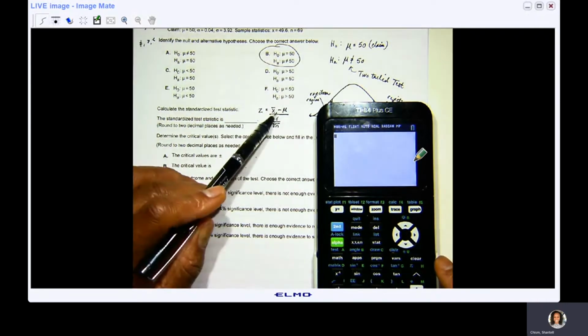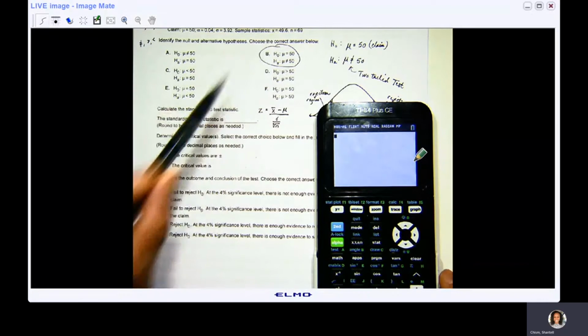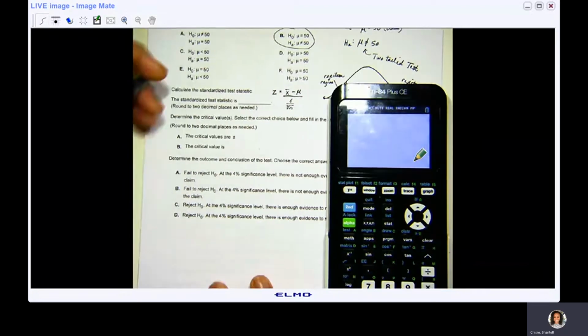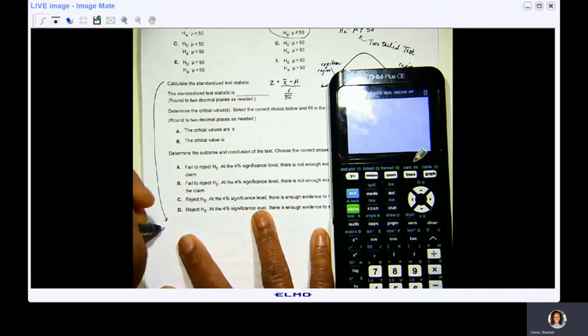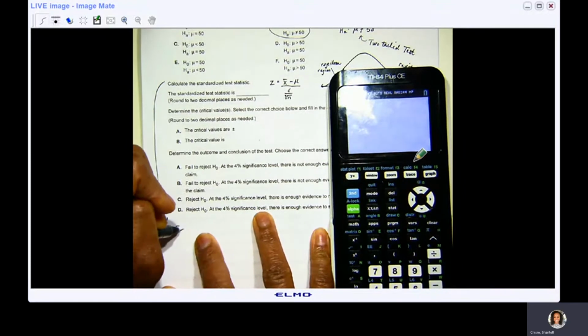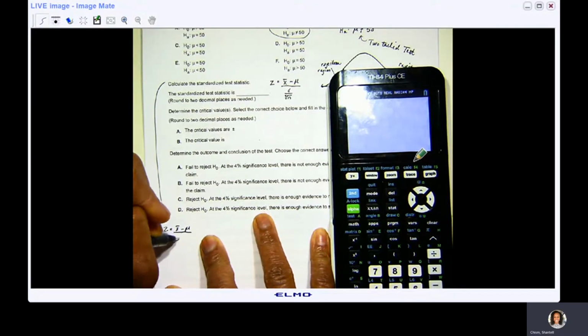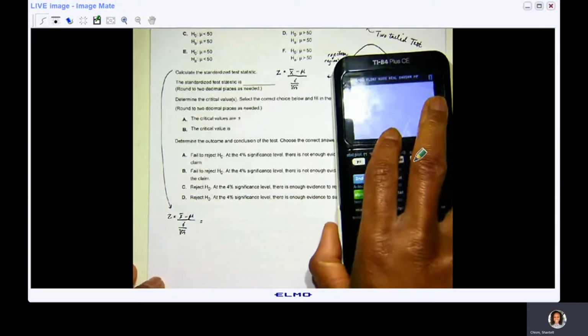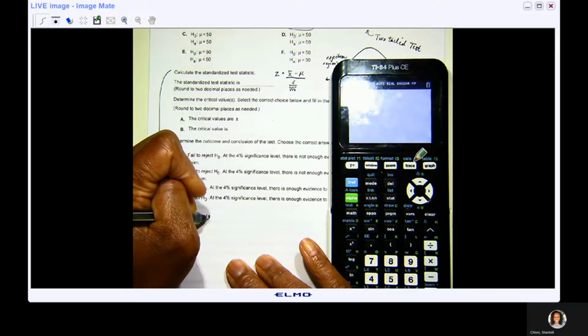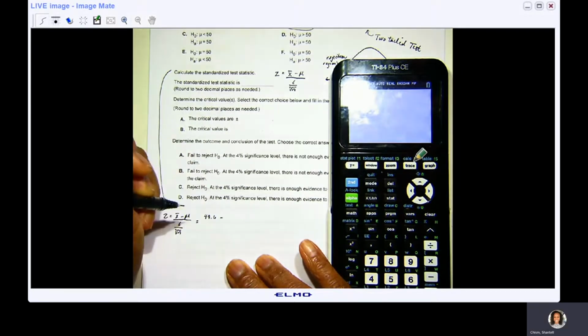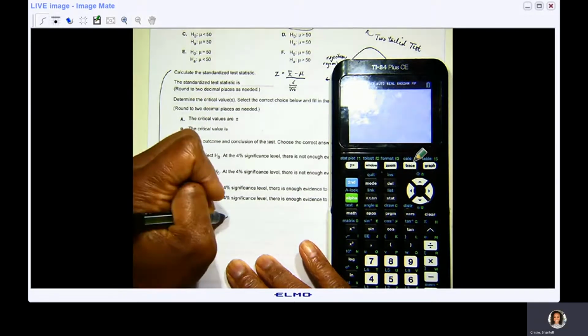So X bar is 49.6. And what I might do is kind of arrow down here where I have a little more room. Z equals X bar minus mean mu over sigma divided by square root of n. So X bar is 49.6. The mean mu is 50.